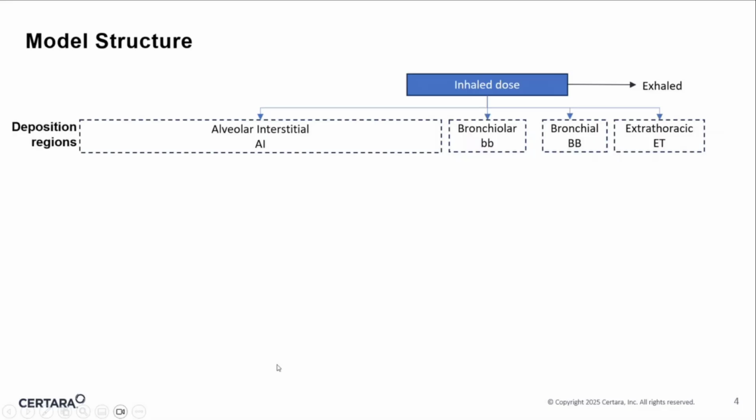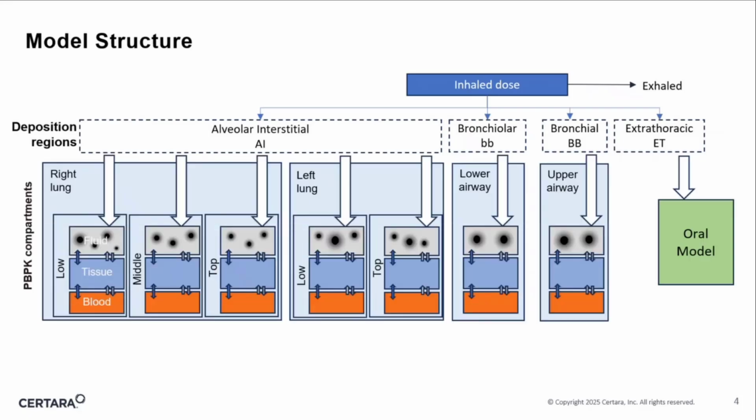After deposition, what's deposited in the mouth, throat, extrathoracic region is transferred to the oral model, so it's assumed to be swallowed. For the other regions, we assume that deposition occurs in the fluid of the different regions. So we have the upper and lower airways, and then the lung is split into 5 lobes, 3 on the right and 2 on the left.